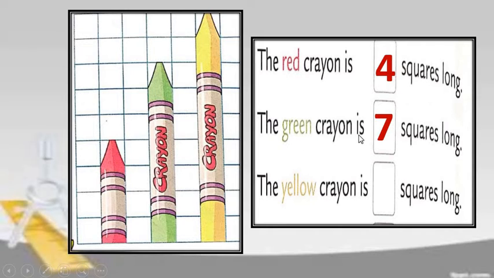The green crayon is 7 squares long. Everyone, write down this in your notebook. The green crayon is 7 squares long.